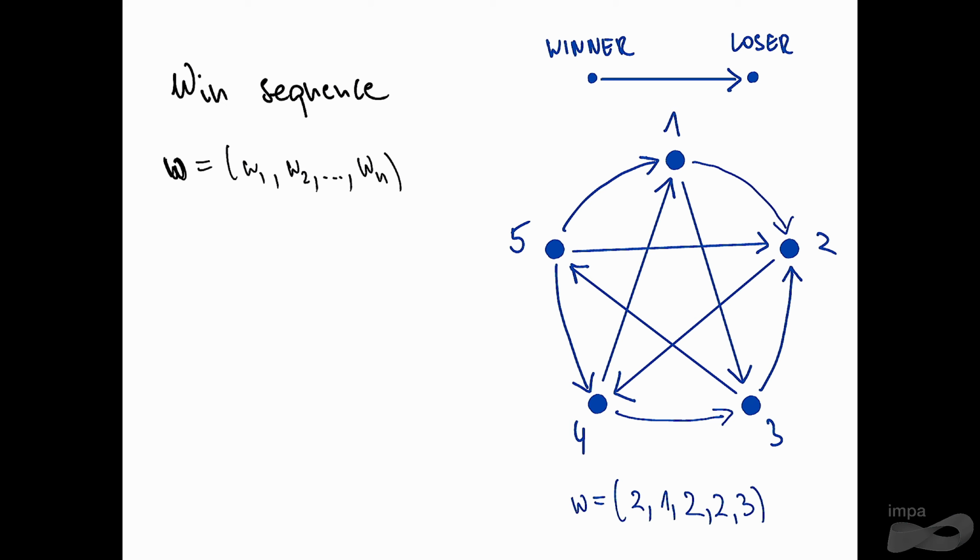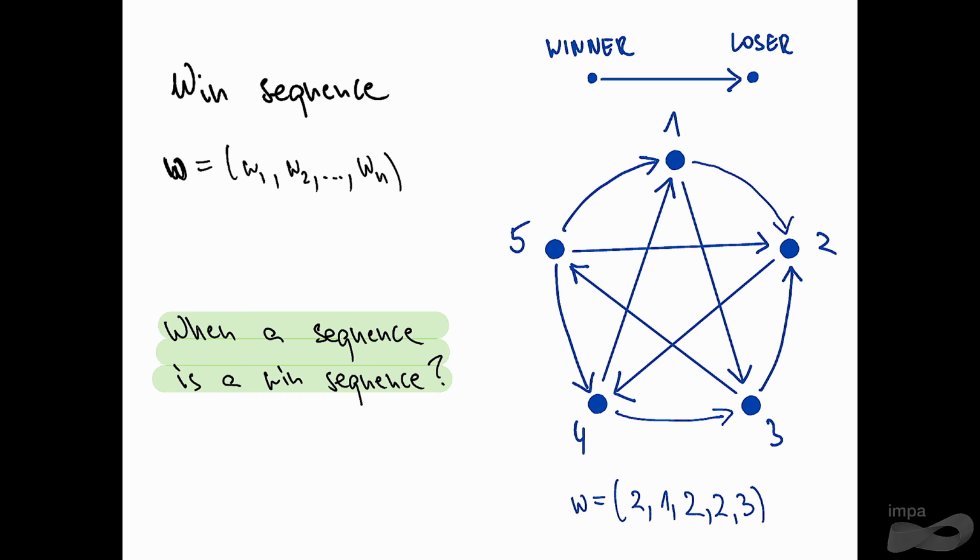So we can see player 1 won 2 games, against players 2 and 3. So he got a 2 on the first position. Player 2 won 1 game, with player 4. So this is 1 point here, and so on. Every tournament has a win sequence.